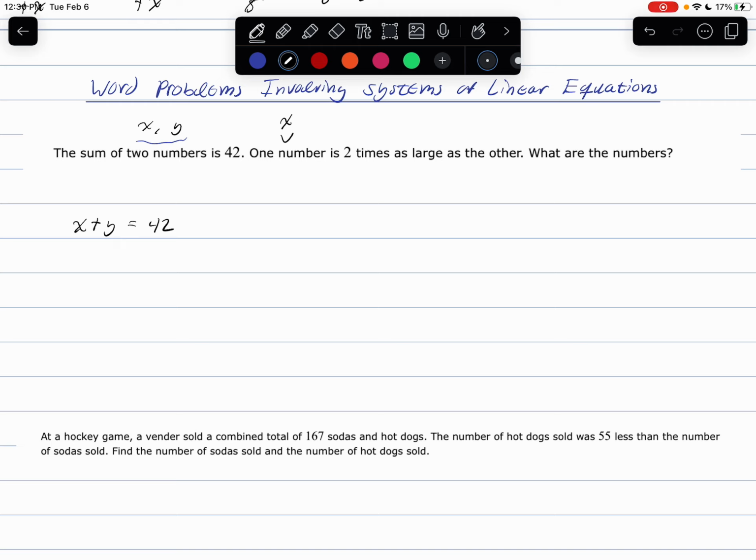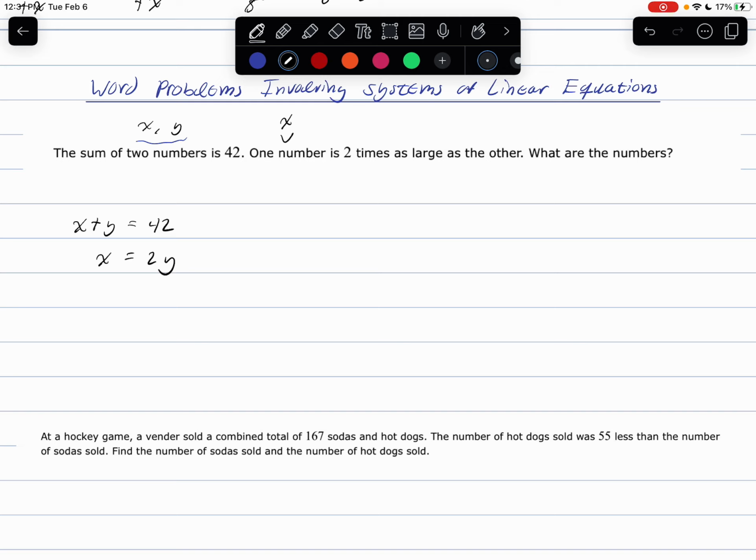So x is twice as big as y. Now we have these two equations and two variables. So let's see if we can figure out these two numbers. x plus y equals 42 and x equals 2y.